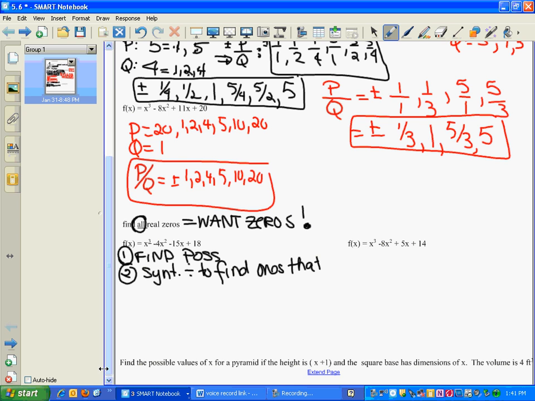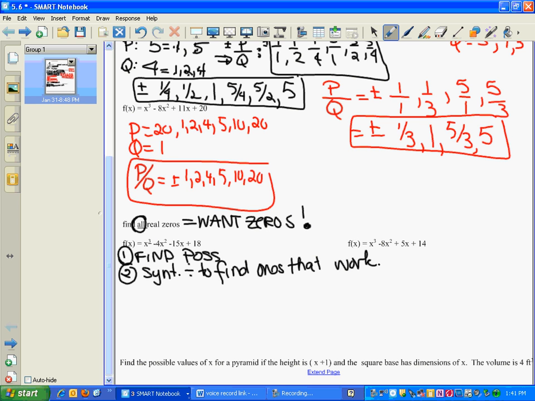Exactly. If it works, you get 0. Well, let's think about this. We talked about this. What's the degree of this polynomial? Cubic. How many possible answers are there? 3. The highest exponent tells you how many possible solutions there are.